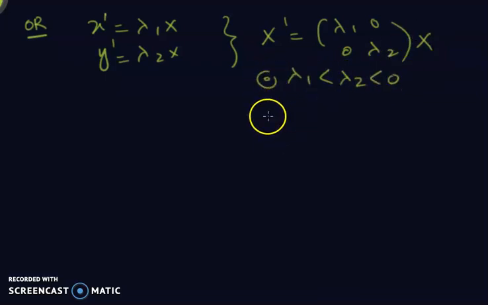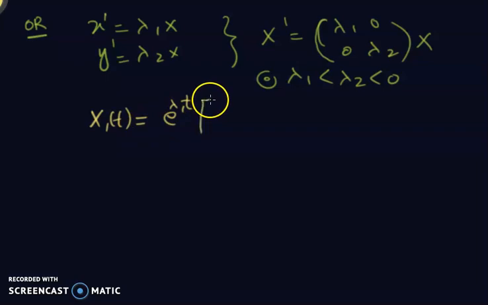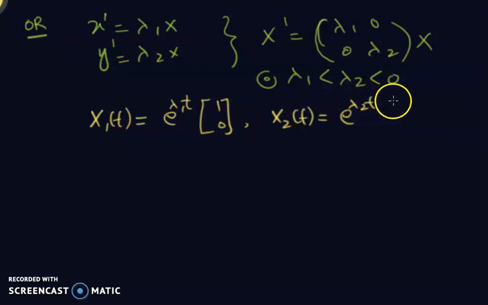We can solve this on the same lines as we did in the previous video, and conclude that x1 of t is e to the lambda 1 t times the eigenvector (1, 0), and x2 of t is e to the lambda 2 t times (0, 1).